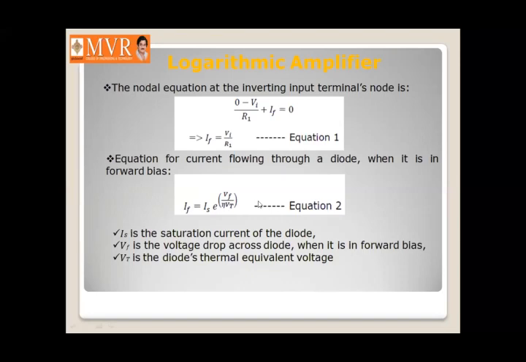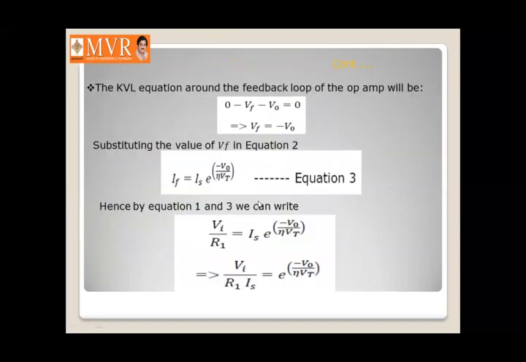This is the diode forward current equation, and we are going to use this diode current equation. Before going to that, we are going to write the KVL around the feedback loop of the op amp.